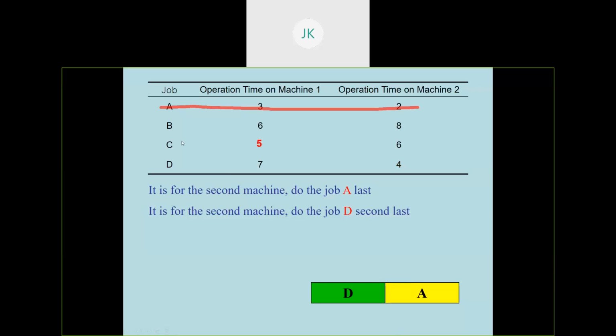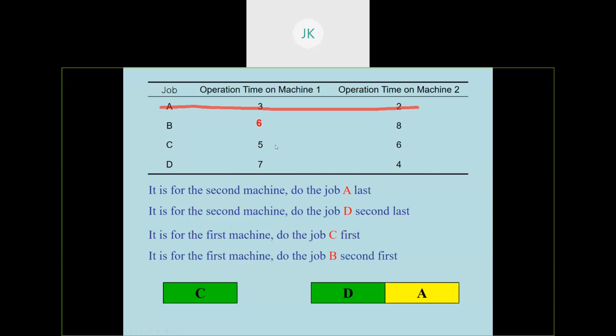So job C this time is for the first machine, so job C goes first. Then next one is B, 6, 8, first machine, so job B goes second. So the job sequence is C, B, D, A using Johnson's rule.